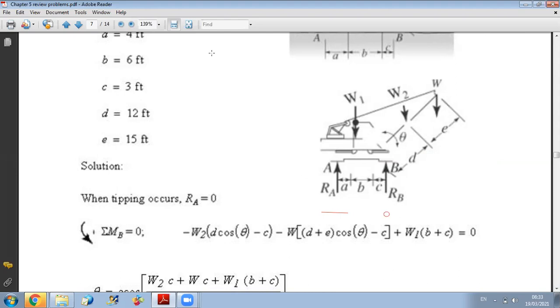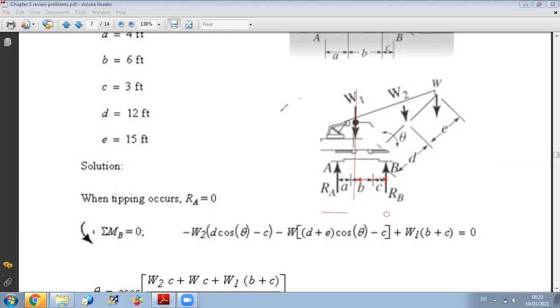So first, what do I have? For the weight W1, the W1 is at a distance of B plus C from B. So when I do the sum of moments about B, I should consider W1 times B plus C. I will select a positive direction.